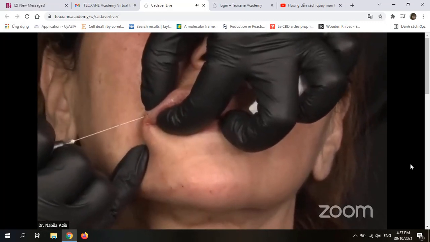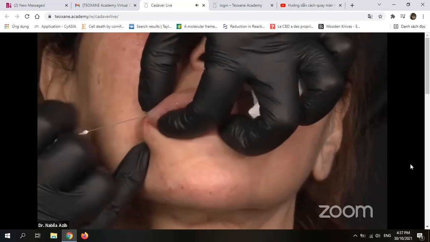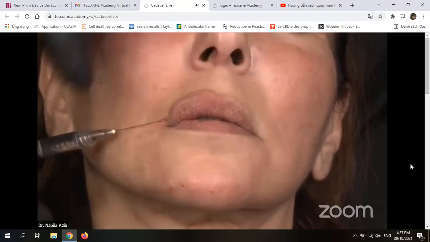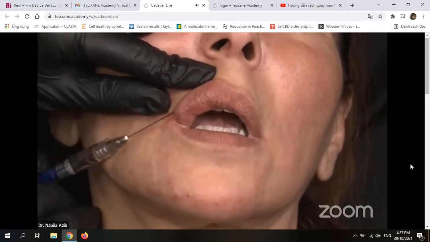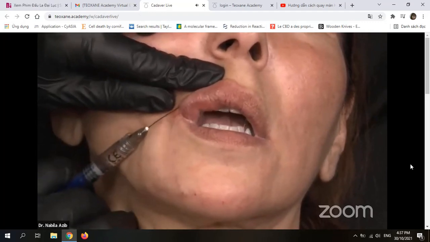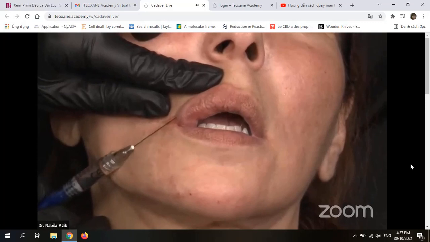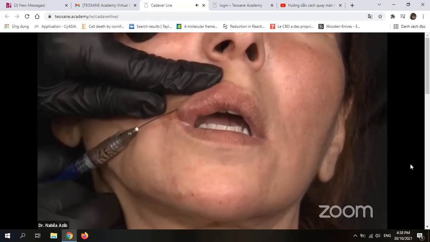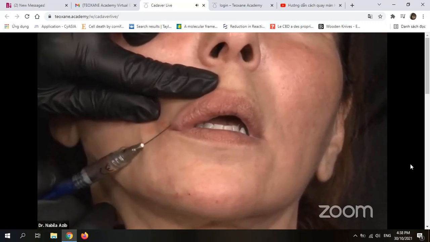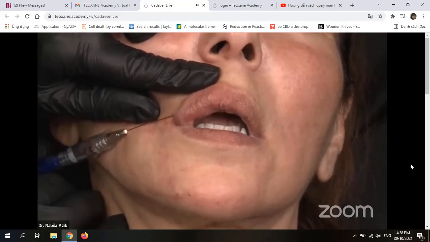So sometimes I use nerve blocks for the lips, but it will change the disposition of her lips a little bit. She can be quite asymmetric during the injection. So now you are closer to the mucosa, yes?